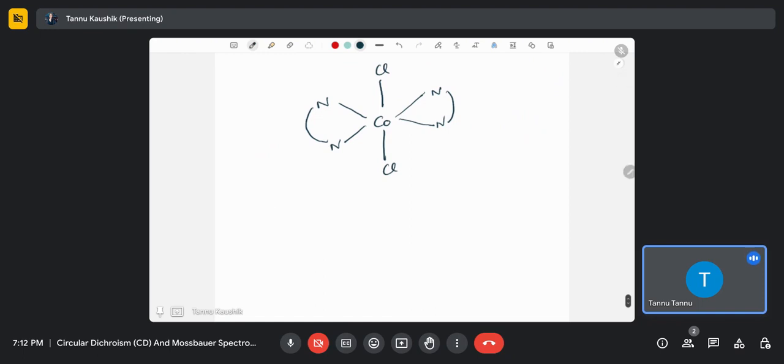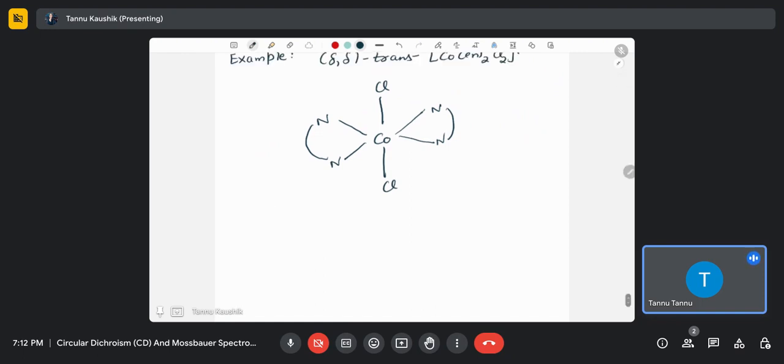And if we find out the symmetry elements in this molecule, we can see that we have a C2 axis of rotation passing through the Cl-Co-Cl bond, and also we have a C2 axis perpendicular to it.